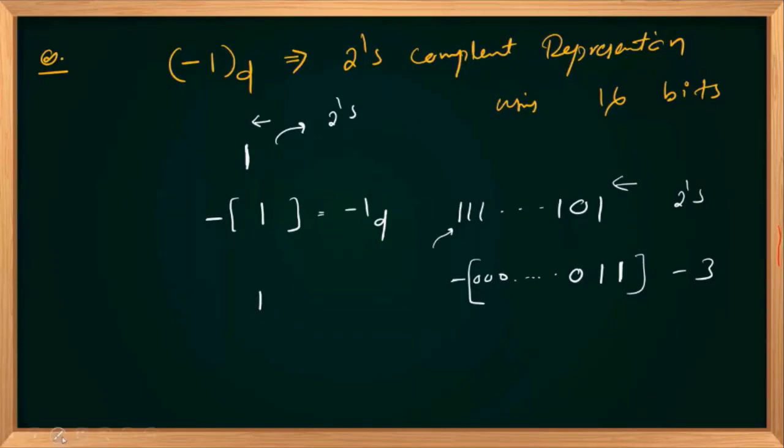If I extend my sign bits, 1, 2, 3, 4, 5, 6, 7, 8, 9, 10, 11, 12, 13, 14, and 15, so 15 plus 1, total 16 digits, this will also give me minus 1.